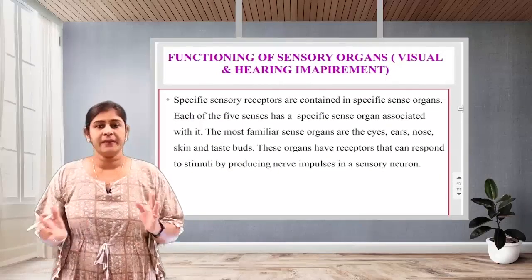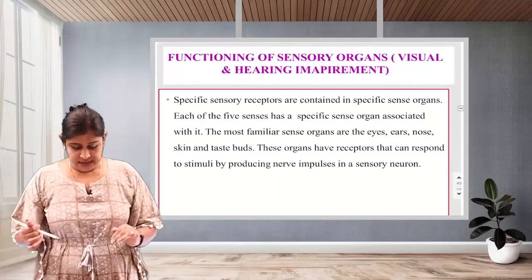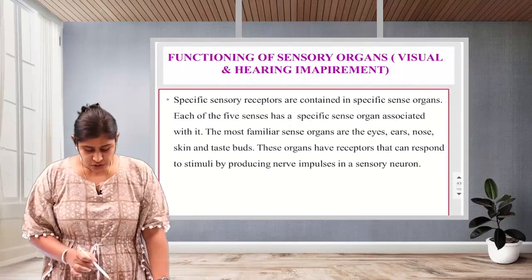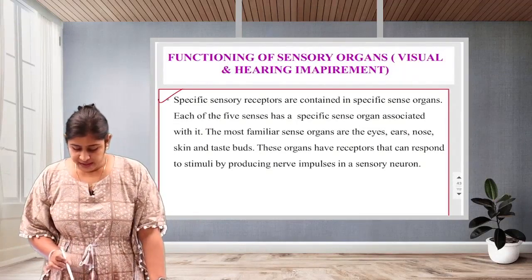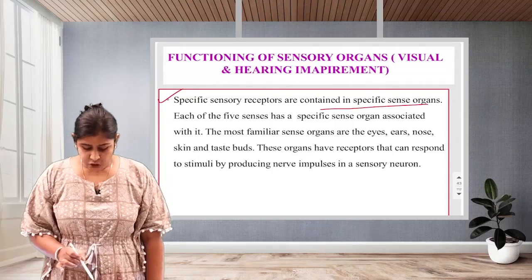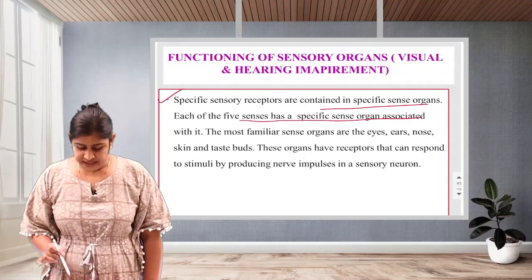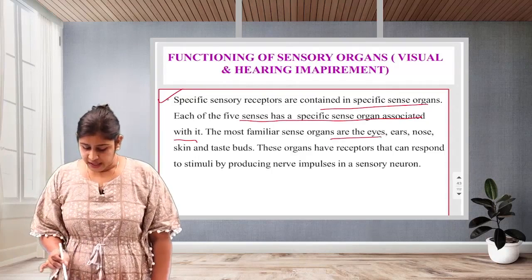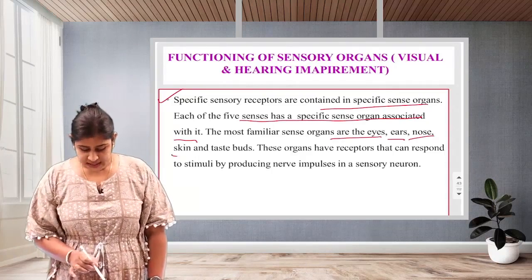Next topic is functioning of sensory organs, which includes visual and hearing impairment. Specific sensory receptors are contained in specific sense organs. Each of the 5 senses has a specific sense organ associated with it. The most familiar sense organs are the eyes, ear, nose, skin and taste buds.